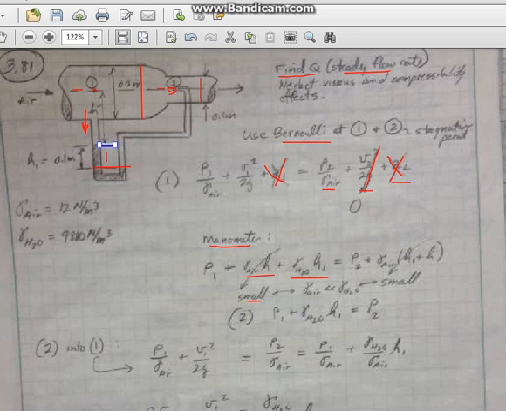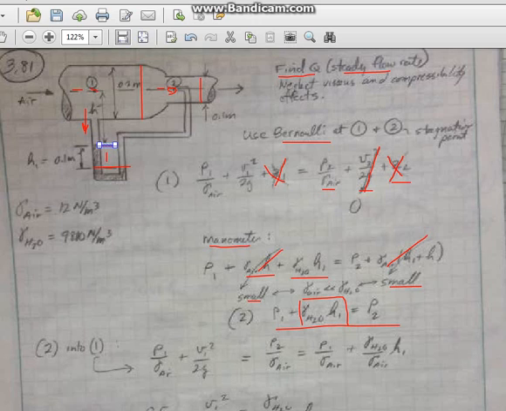We're going to lose that gamma as we go up. So again, that's going to be small. So whenever we have water next to air, we can just skip the air part. So we get rid of the air, get rid of the air. We have a pretty simple manometer expression. It says the pressure difference between 1 and 2 is just given by the difference in height in the manometer times gamma water, which is how this manometer is designed, right?